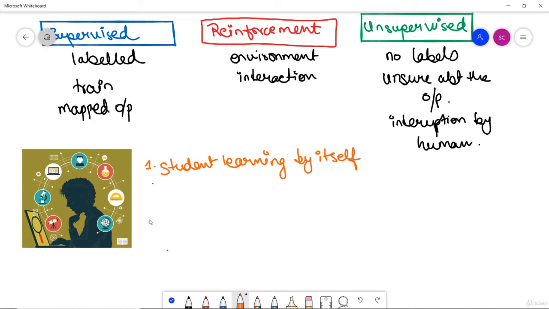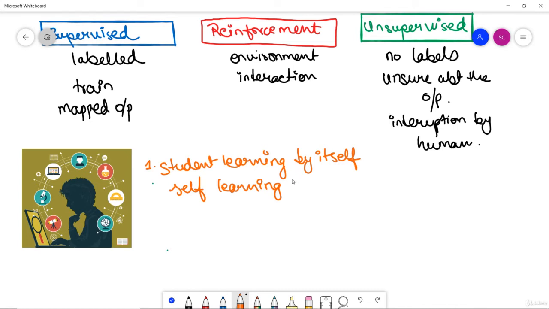So at that time the student was doing self-learning only, learning all the things by themselves. That means analyzing all the patterns by themselves to ultimately pass the exam, or in terms of a machine, to give a certain output or make a certain prediction. So that is an example of unsupervised machine learning.